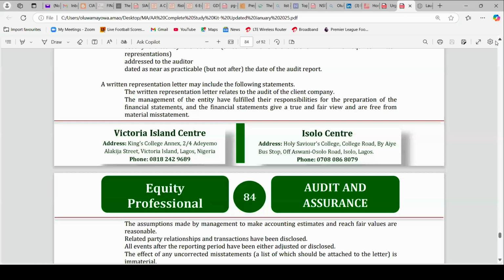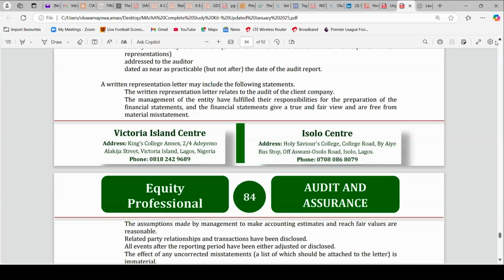We'll still look at what we mean by modified report. Or maybe I will have to put a disclaimer in the audit report. So the action could mean, or I might even have to take it further and seek counsel from the professional body. So usually, if written representations are not provided, it will have an impact on the audit report.